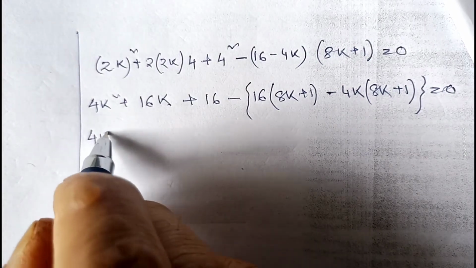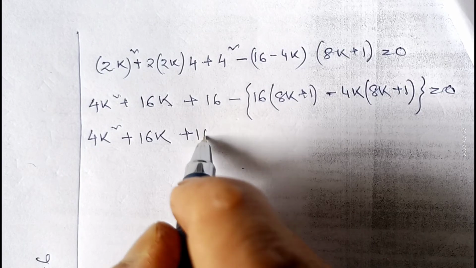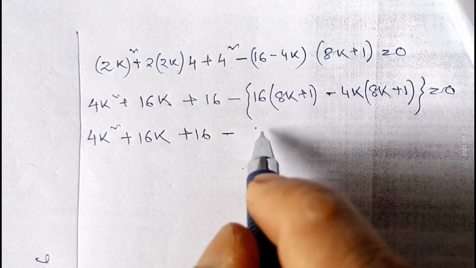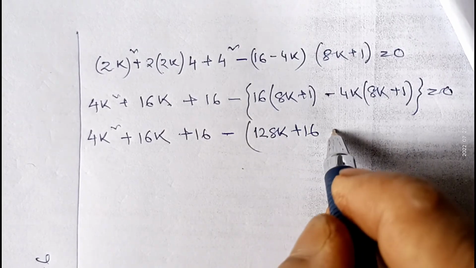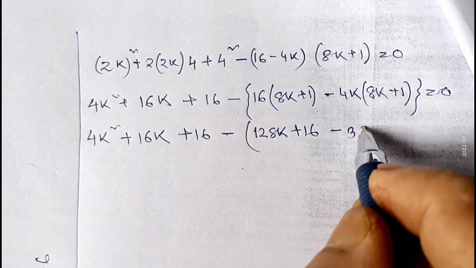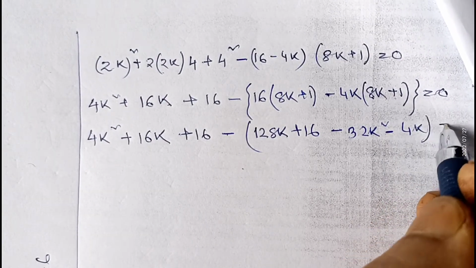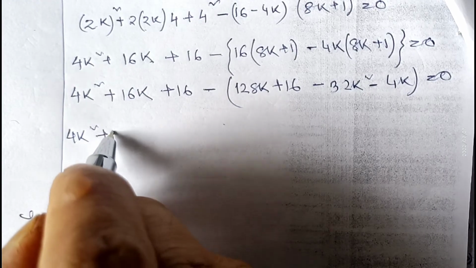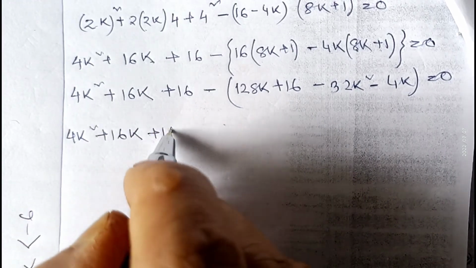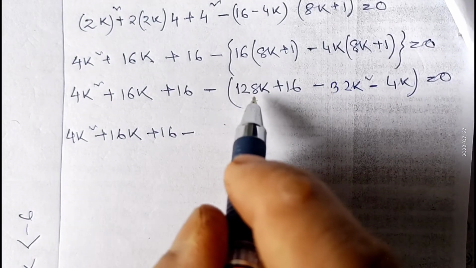So it will be 4k square plus 16k plus 16, minus 16 into 8, it will be 128k, plus 16, minus 4 is 32k square, plus minus minus, 4k equals 0. So 4k square plus 16k plus 16 minus 128k minus 4k, it will be 124.